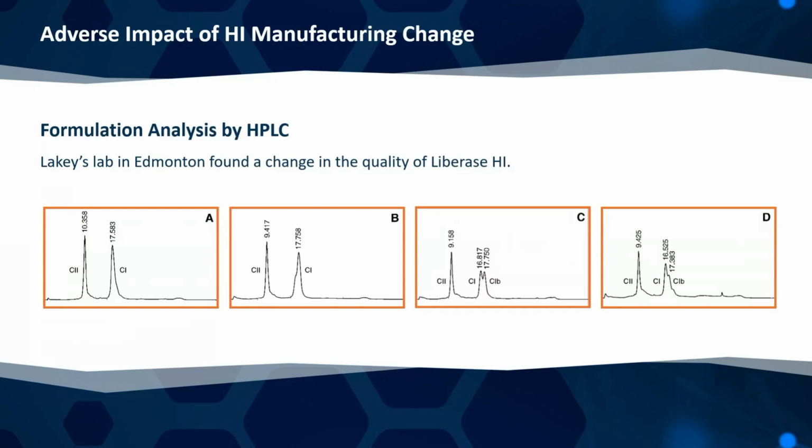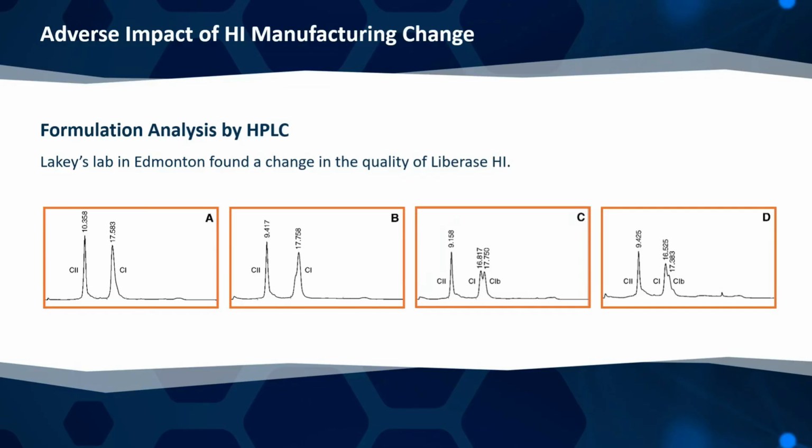In panel A, this is what the typical anion exchange profile was. The numbers indicate the retention time in minutes coming off the column as you add a gradient to elute off the different collagenase forms.